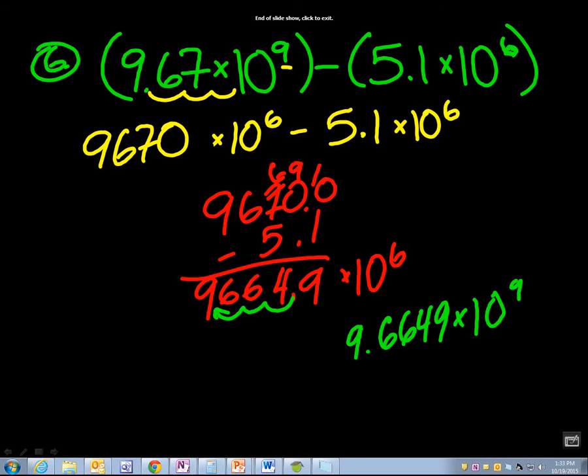Sorry, I meant this one. So it's going to move to the right 3 spots. Your decimal, this right here, looked like a percentage sign. I was like, what?